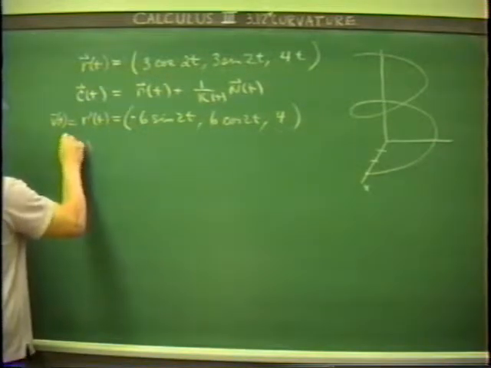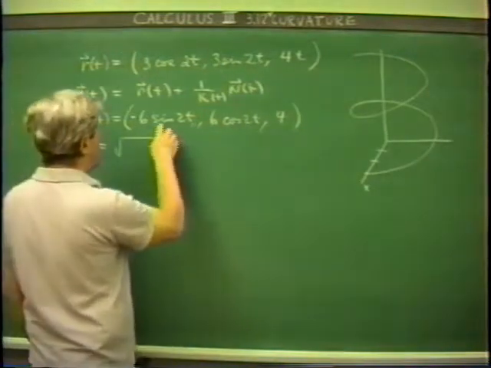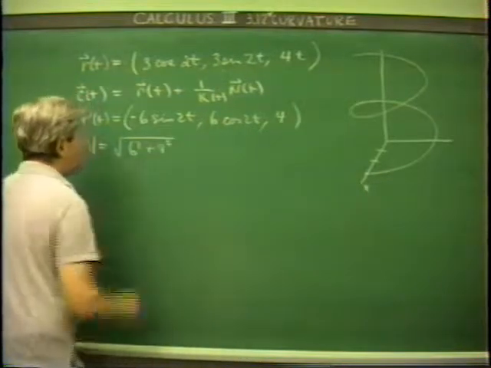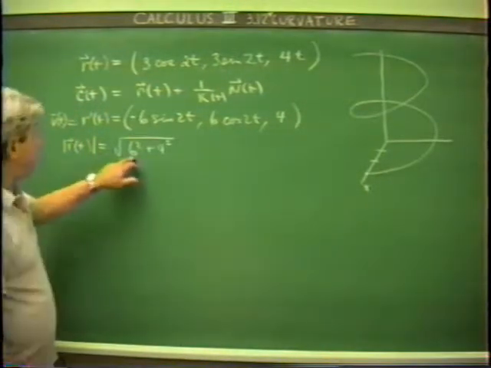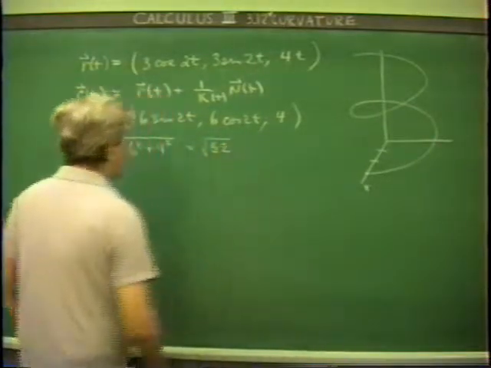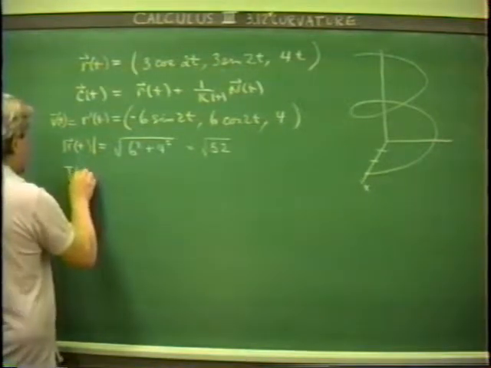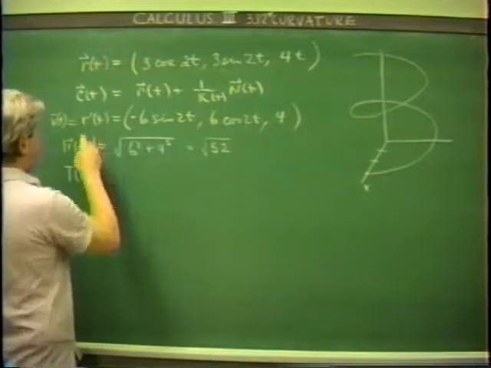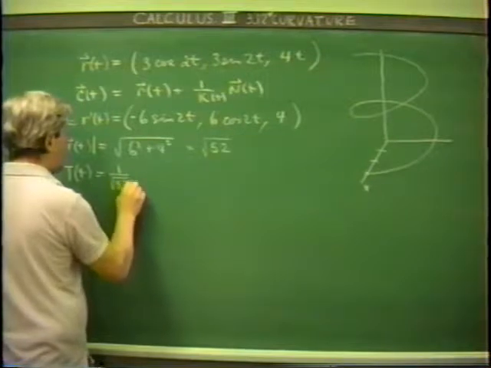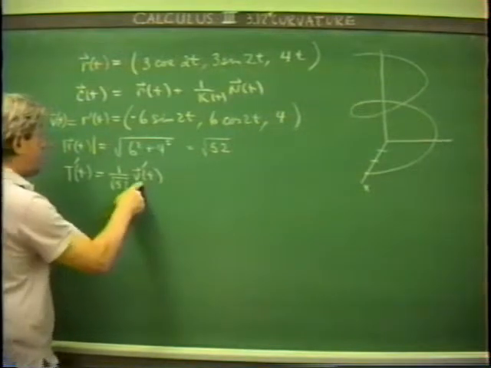The magnitude of r prime, this of course is v. The magnitude of v of t is the square root of 6 squared, sine squared plus cosine squared is 1, plus 4 squared. That's 36 plus 16, the square root of 52. Okay, so t of t is v of t over square root 52.